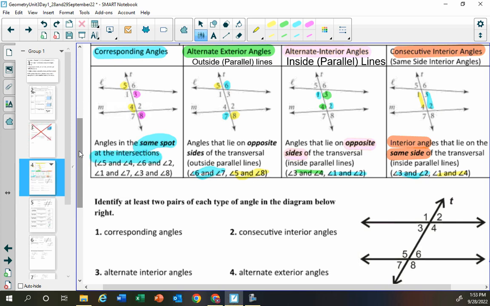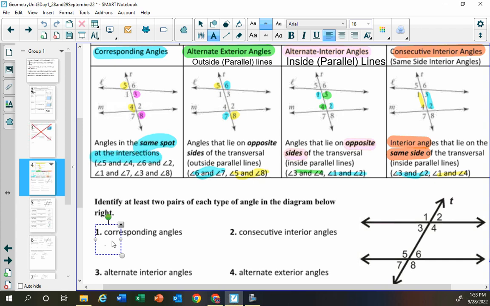Because now we're going to talk about this next activity. For the next 4 problems, we're going to pick 2 pairs that satisfy each of these 4 relationships. Pick at least 2 pairs. So let's talk about the corresponding first. Corresponding, again, what are we looking for? Same spot, so that's a hint.